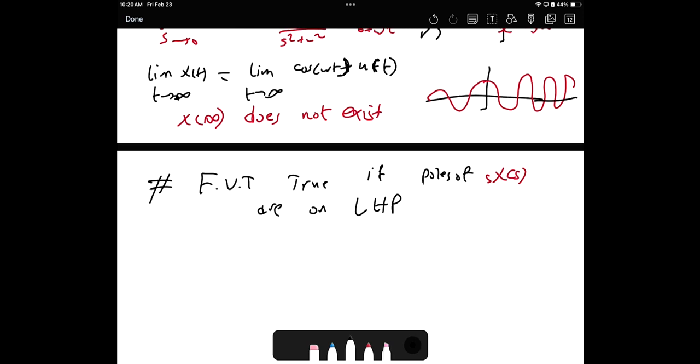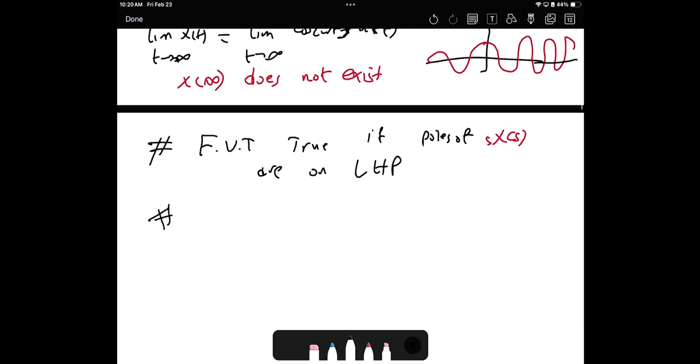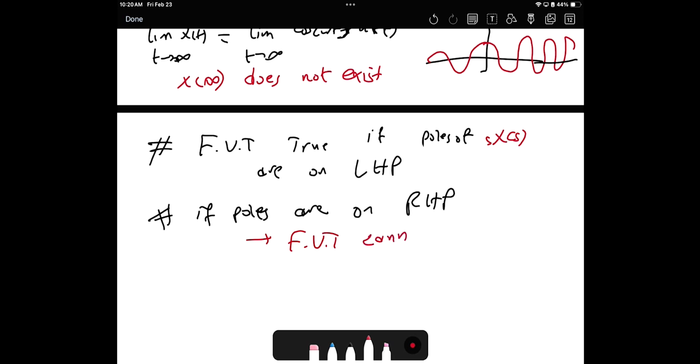Another case: if poles are on the right half plane, then the final value theorem cannot work, so what we will do is use the time domain.